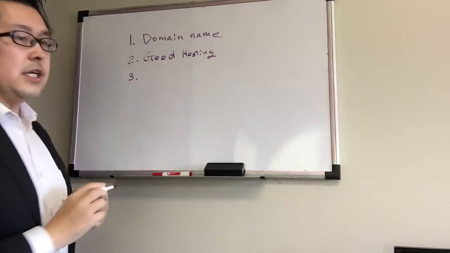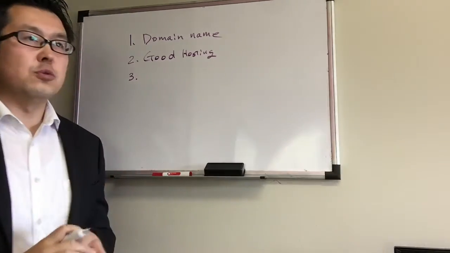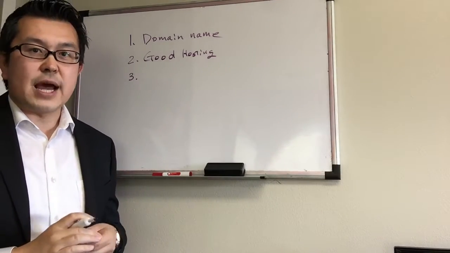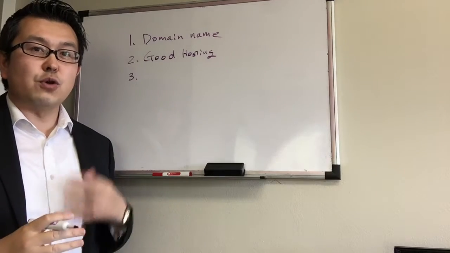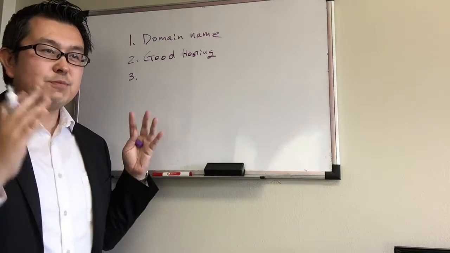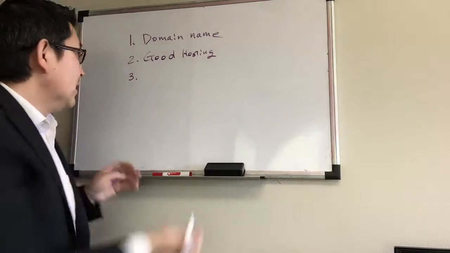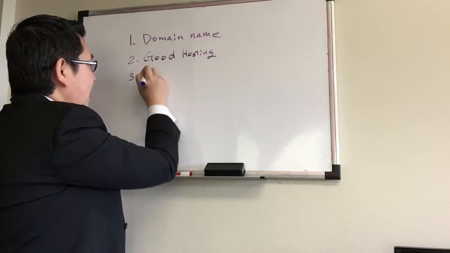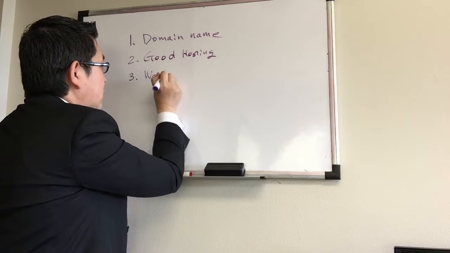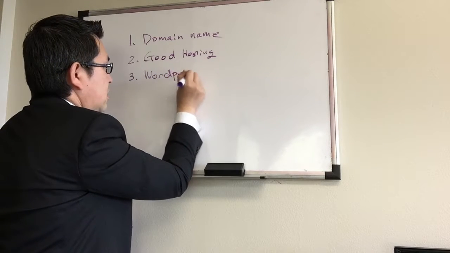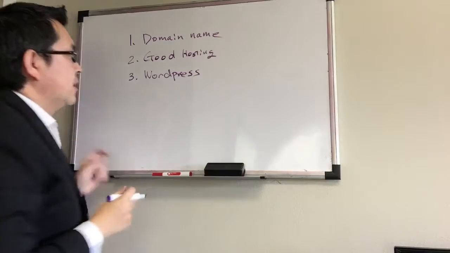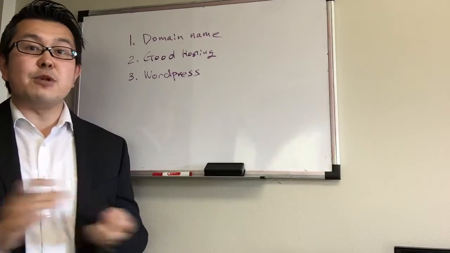The third thing that we need is some kind of content management system. We're going to host a blog, and basically that system will allow us to write a blog. One website that I highly recommend is called WordPress. This is the blogging software that everybody is using.